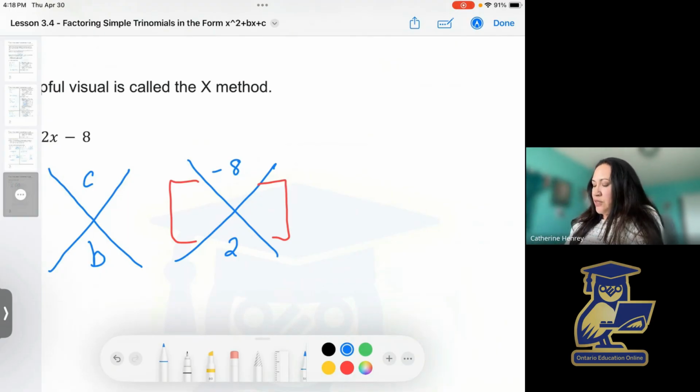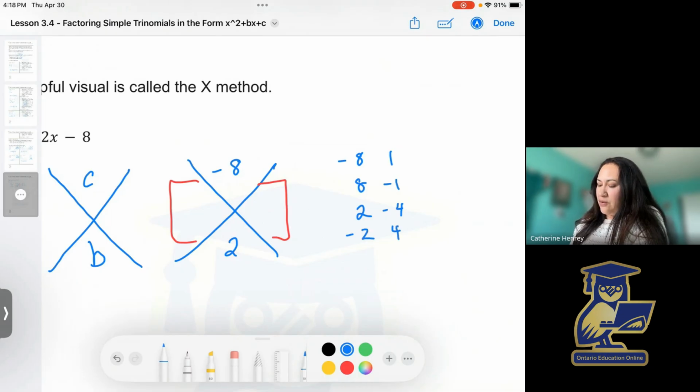Well, some of us are still going to have to list all the factors. So let's say negative 8 and 1, positive 8 and negative 1, 2 and negative 4, and negative 2 and positive 4, and we found it right here. So negative 2 and 4 are the factors, and we fill them into the sides of the X.